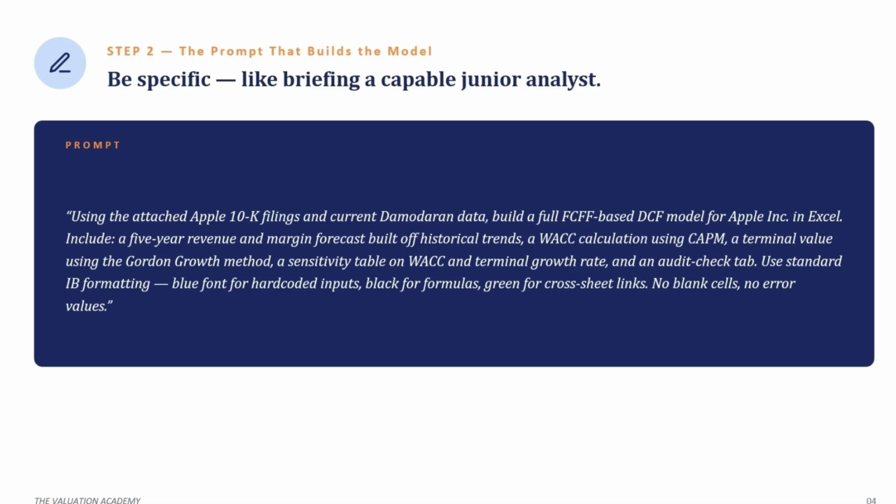Using the attached Apple 10K filings and current Damodaran data, build a full free cash flow to firm based DCF model for Apple in Excel. Include a 5-year revenue and margin forecast built off historical trends, a WACC calculation using the capital asset pricing model for cost of equity, a terminal value using the Gordon growth model, a sensitivity table on WACC and terminal growth rate, and an audit check tab.